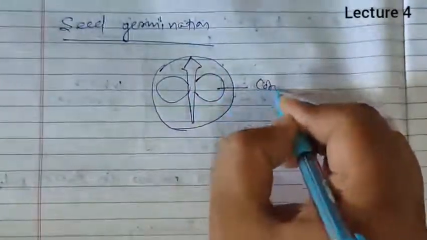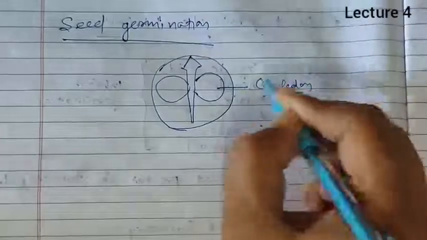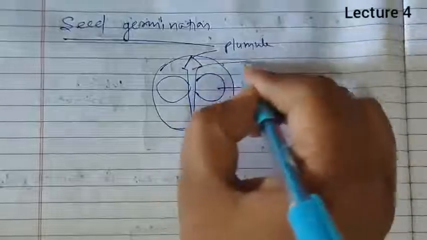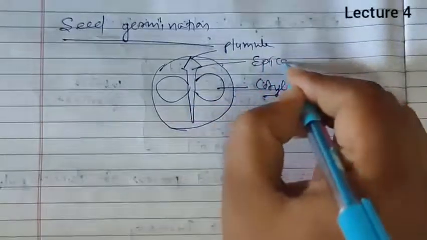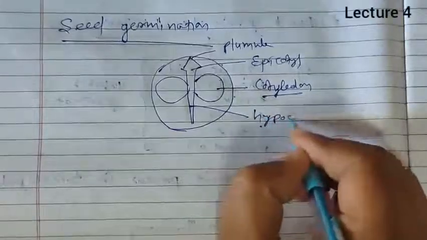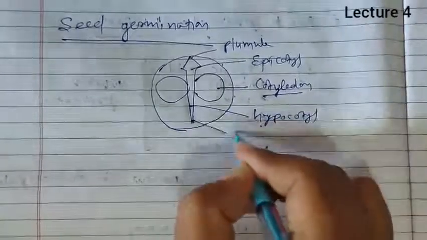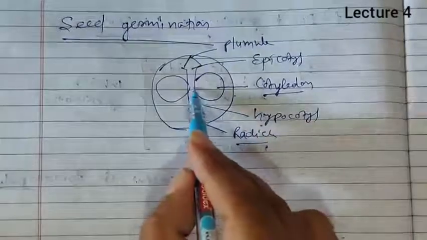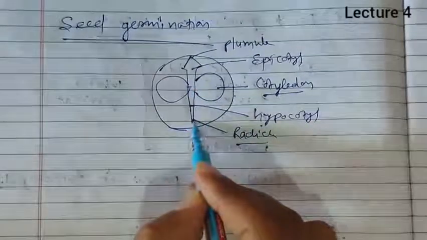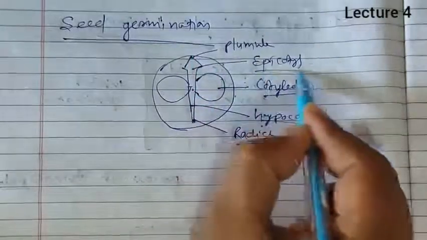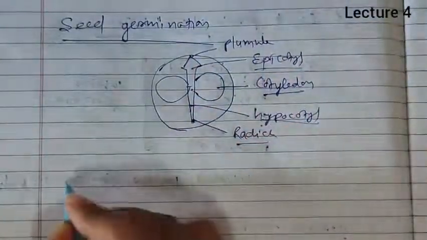This is the cotyledon, this is the plumule, this is the epicotyl, this is the hypocotyl, and this is the radicle. The region of the embryonal axis between the cotyledon attachment site and the radicle is the hypocotyl, and between the cotyledon attachment site and the plumule is the epicotyl.